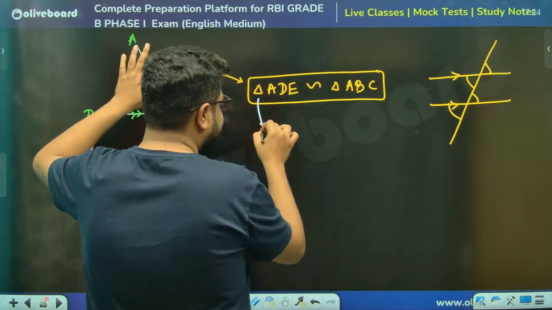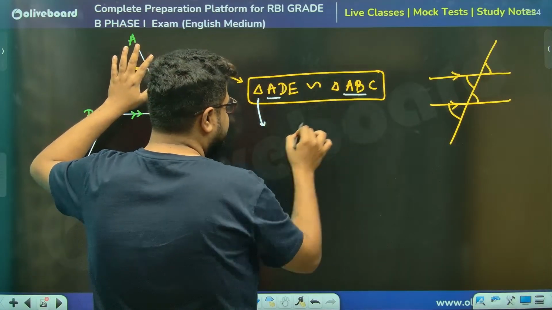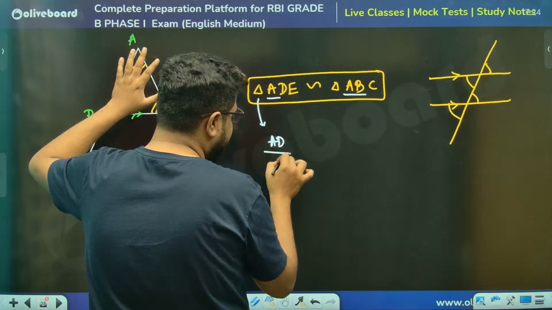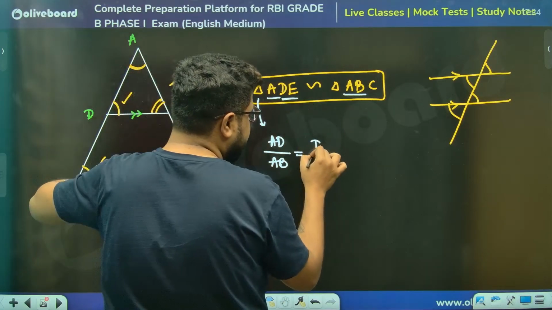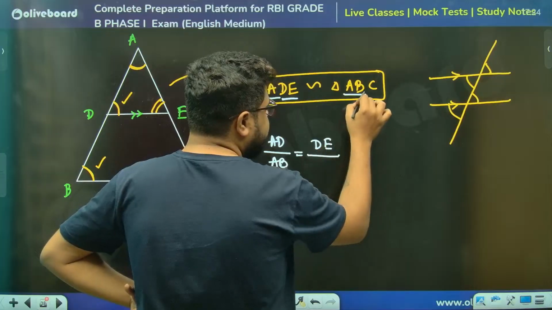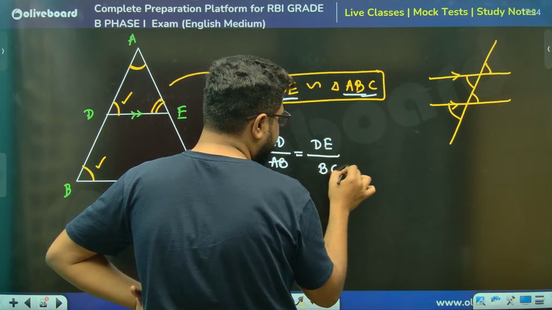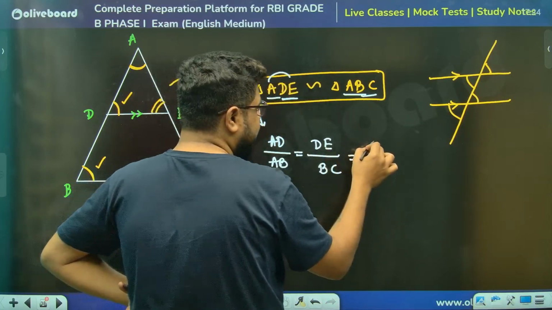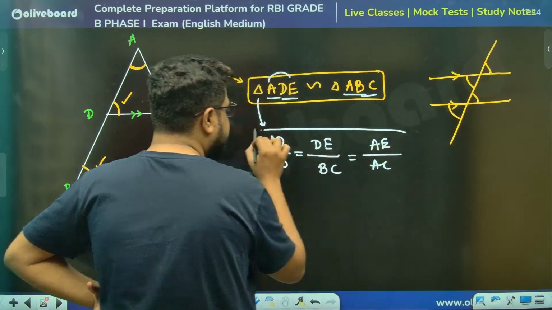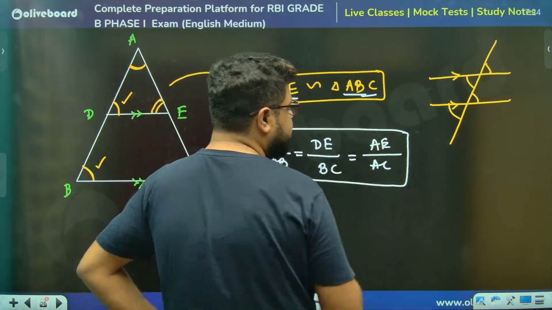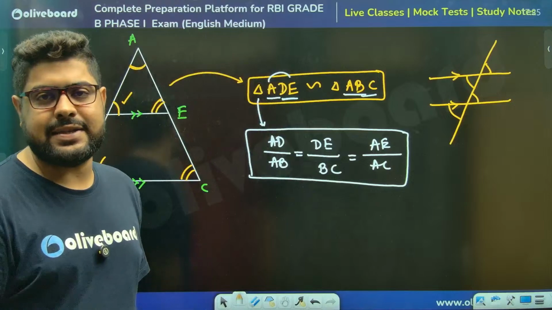I will say, sir, AD by AB is equal to DE by BC, and AE by AC. They are equal. This is the basic of similarity, sir.